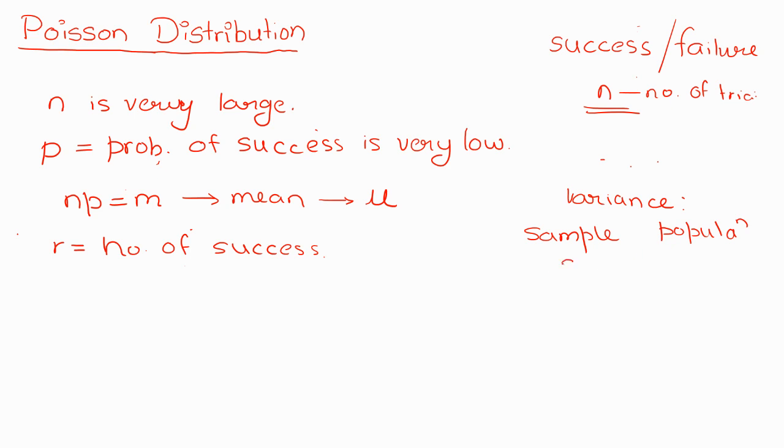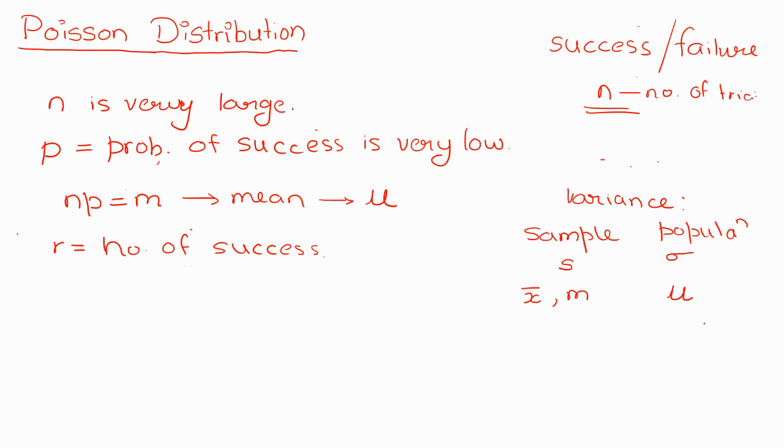For a sample, the variance was represented by small s, and for the population, it is denoted by sigma. Similarly, when the mean is of the sample, it is either x bar or m, but when the mean is of a population, it is mostly represented by mu. So this is just a matter of notations, nothing much.